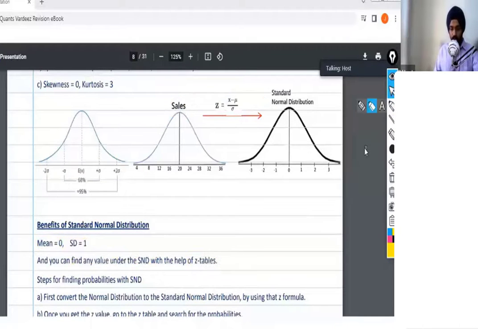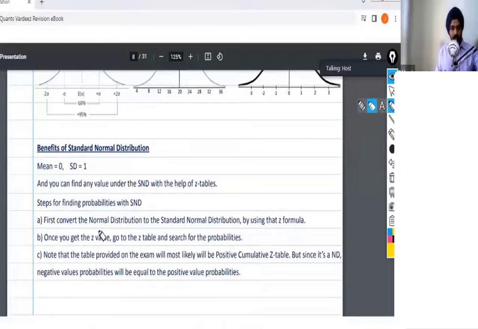And what are the steps for that? Well, first convert your normal distribution to the standard normal by using that Z formula, which is something that we have seen. Once you get your Z value, go to the Z table and search for the probabilities. Then make sure that the table provided on the exam will most likely be a positive cumulative, which is what we saw.